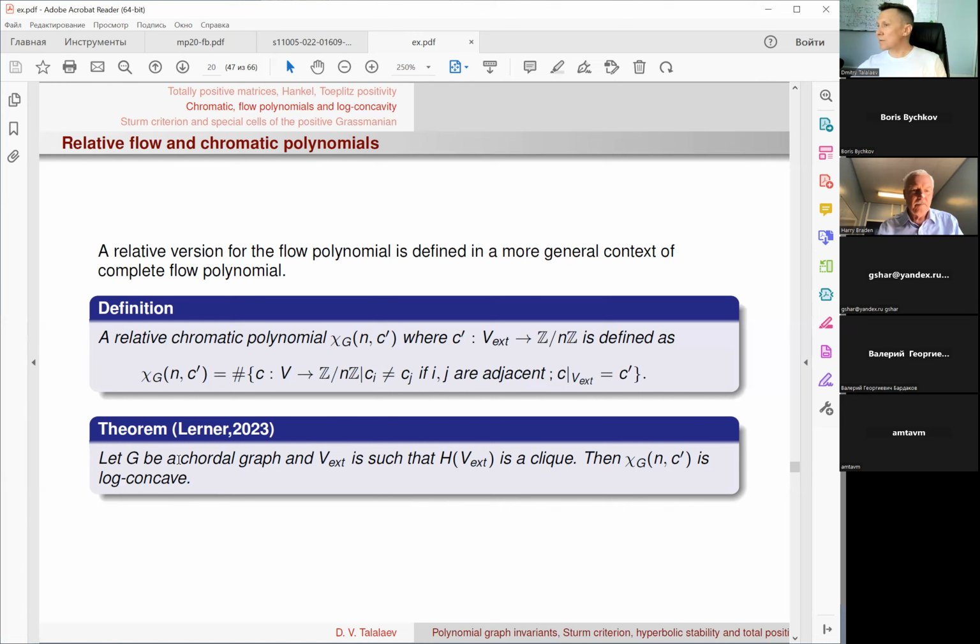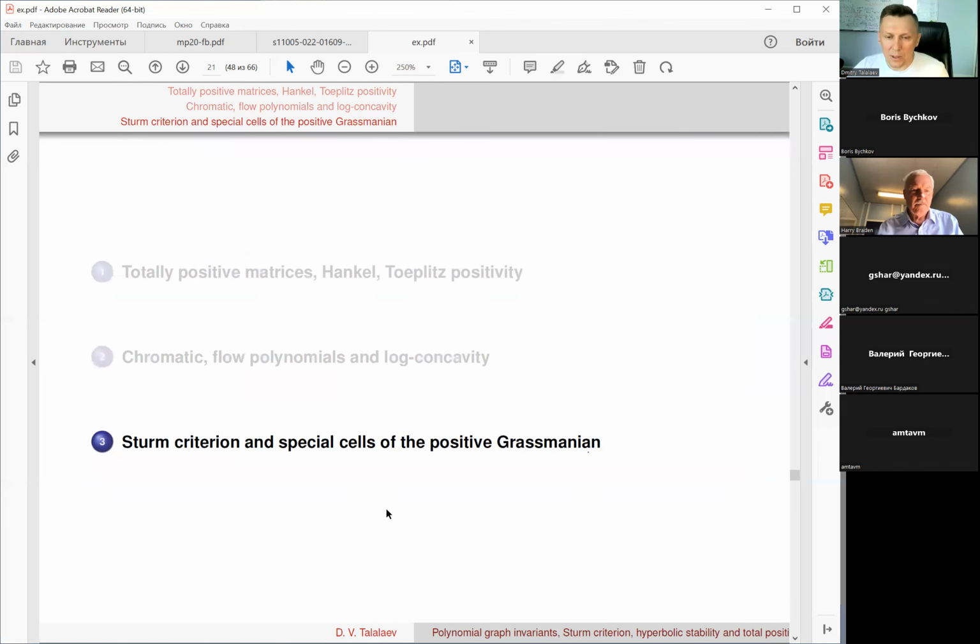A chordal graph is something like a triangulated graph. The formal definition is that each cycle of length 4 has a chord separating this cycle.